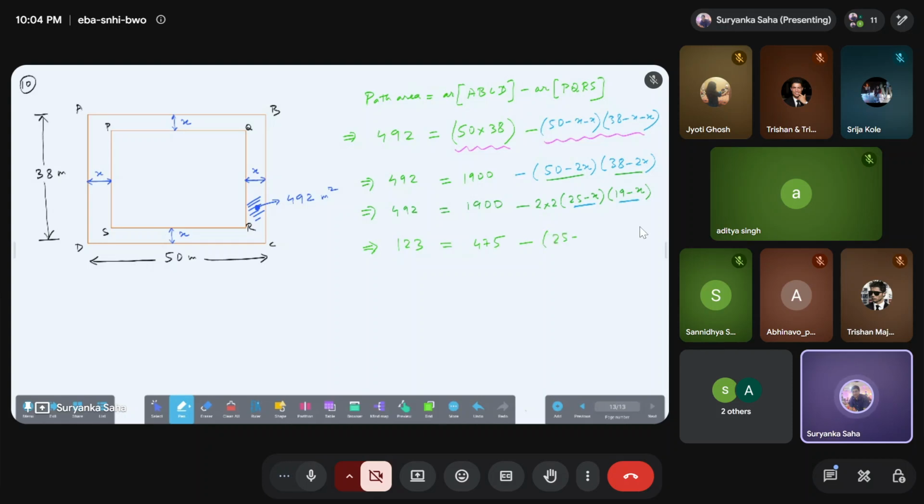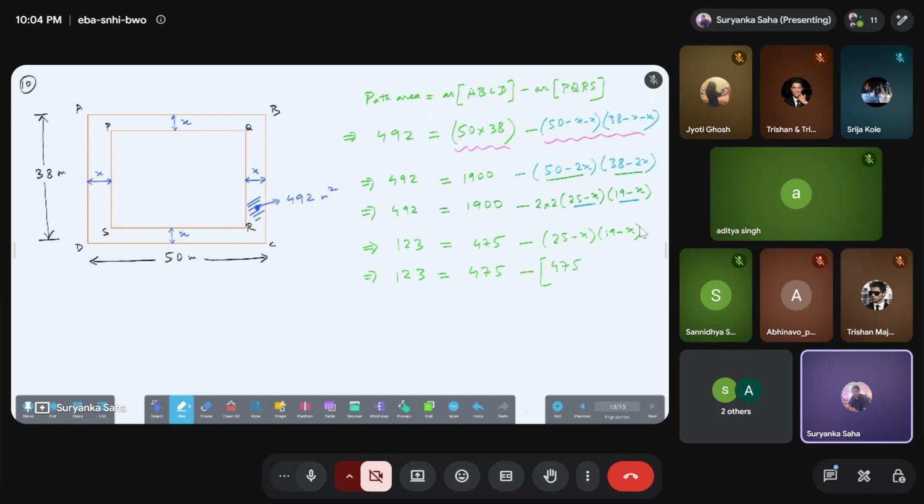So 25 minus x into 19 minus x. Then you multiply it. 25 into 19 is 475.